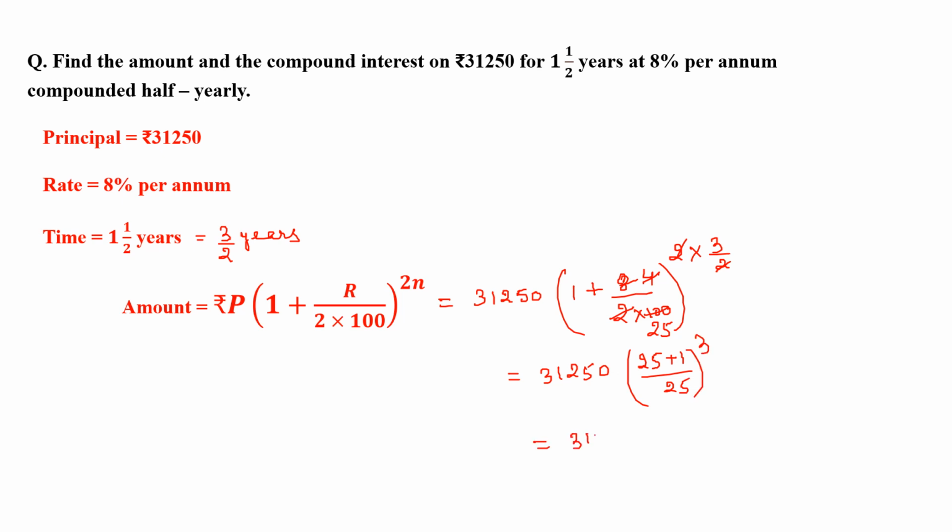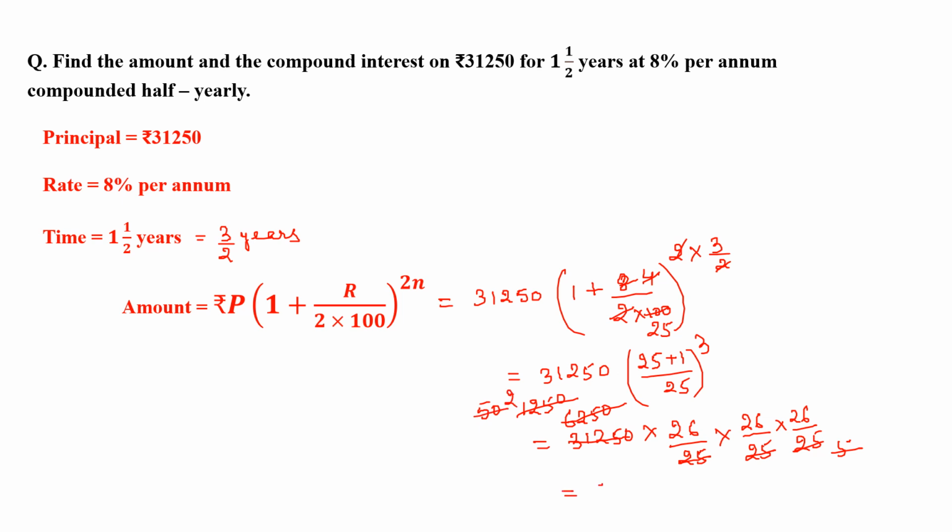Then it becomes 31,250 into 26 by 25 whole cube. Since it is a cube, I'm going to write it 3 times: 26 by 25 into 26 by 25 into 26 by 25. Now using the 5 table, 31,250 divided by 25 gives 1,250, and 1,250 divided by 25 is 50, and again 50 divided by 25 is 2.